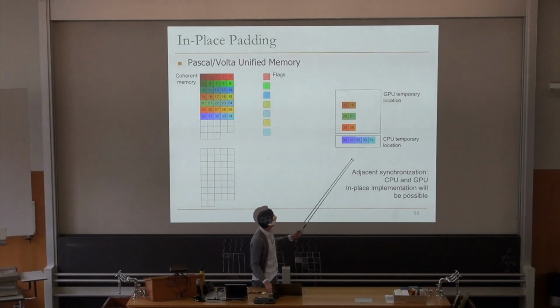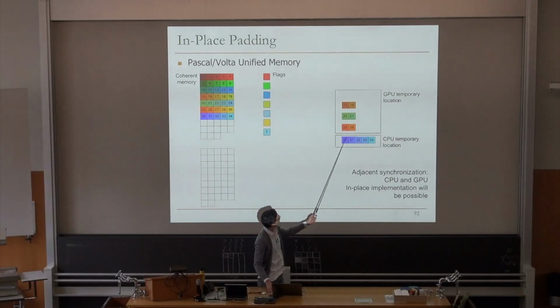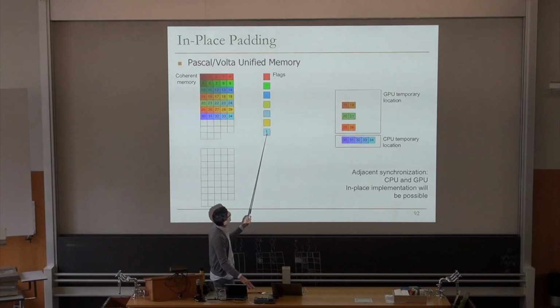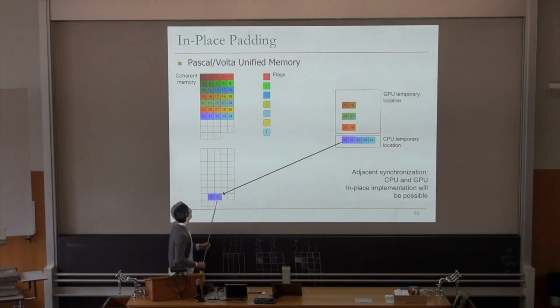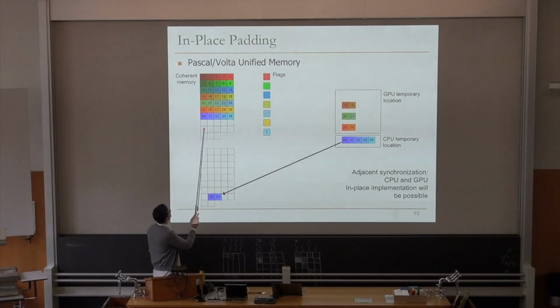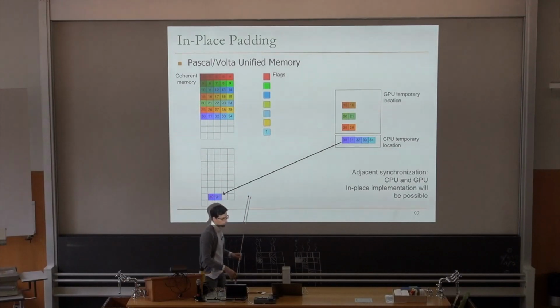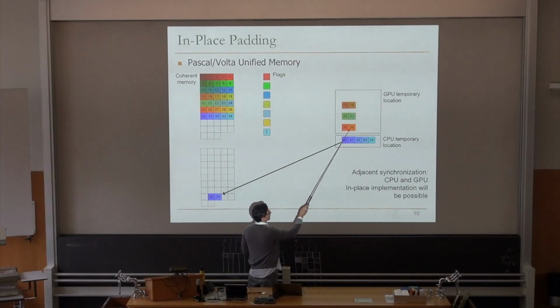And as soon as someone has completed loading one entire row, it will set one flag and it will start writing to the output destination. Observe that padding means that we will need to move this row to some higher address memory location, starting here.